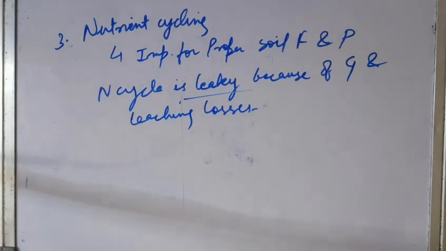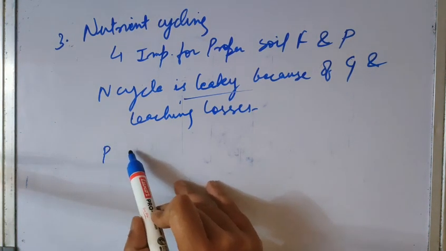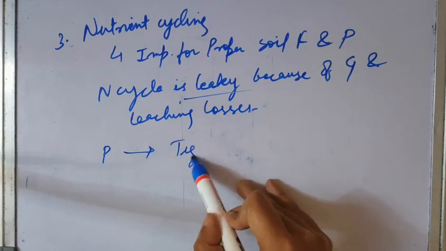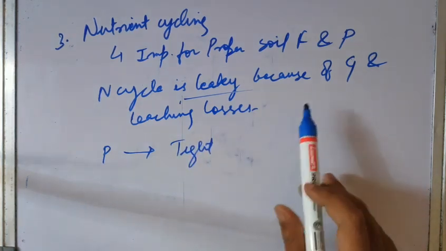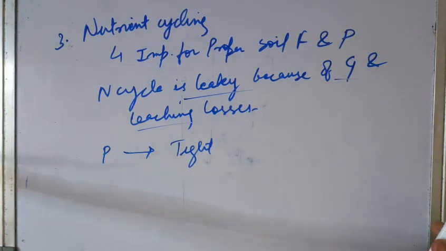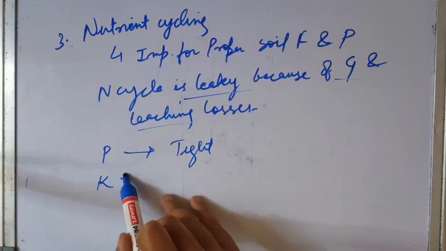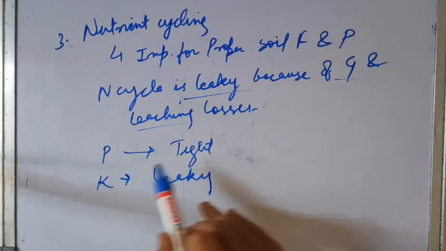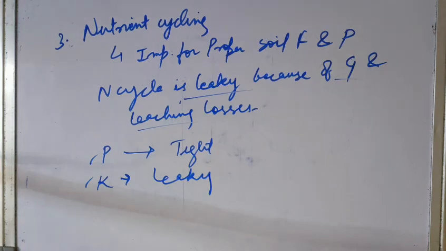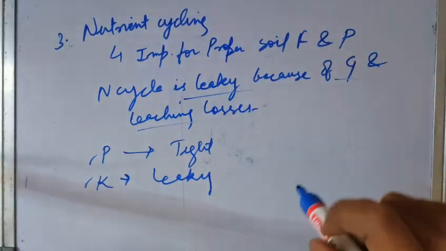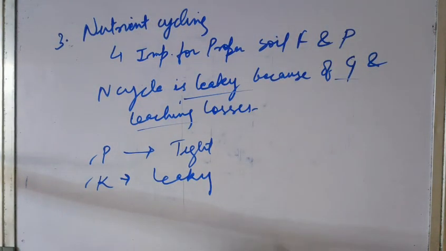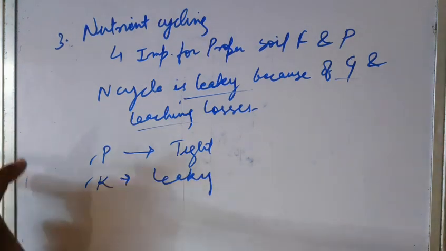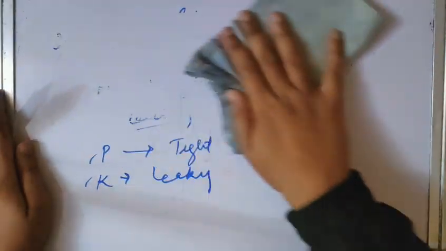So nitrogen is leaked, and we need to provide nitrogen in sufficient amount whenever it is leaked. Phosphorus is tight, that is, it doesn't leak from the soil through gaseous and leaching losses. And potassium is also leaky. You need to remember some of these points; although it has not been asked in exams, whenever it is asked, using these points you can build your answer.